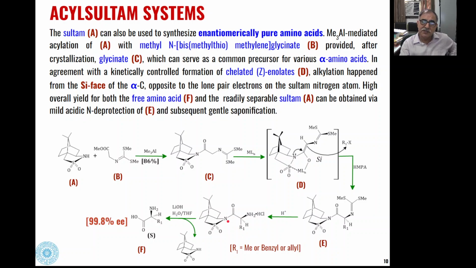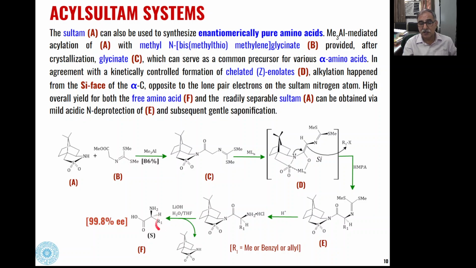And these amino acid intermediates, through the removal of this sultam moiety, can be converted into isomerically pure alpha amino acids. And here we can produce a purity level of up to 99.8% enantiomeric excess. So here we get the S enantiomer of the amino acid formed through these types of reactions.